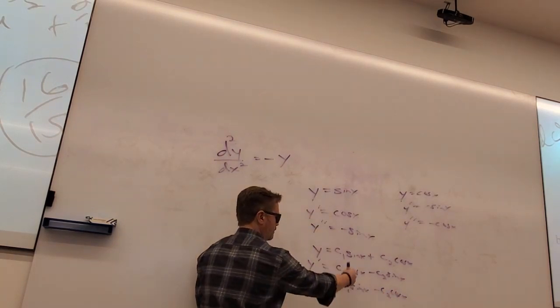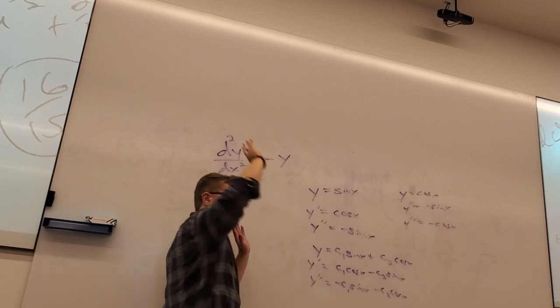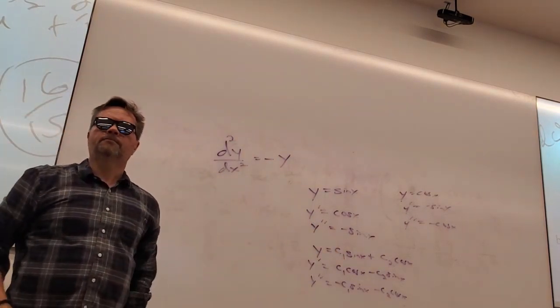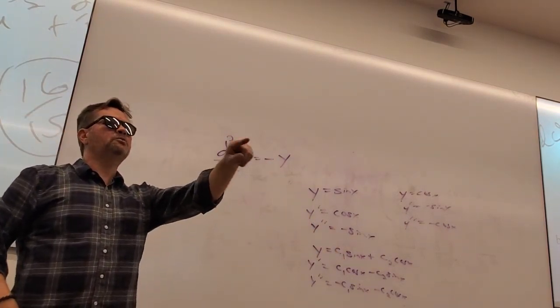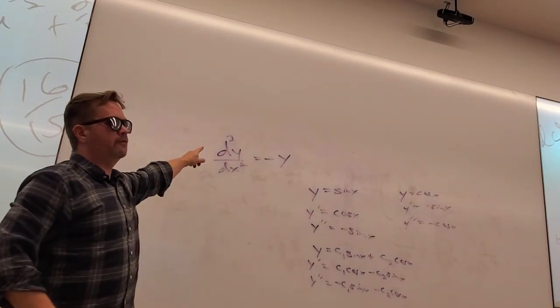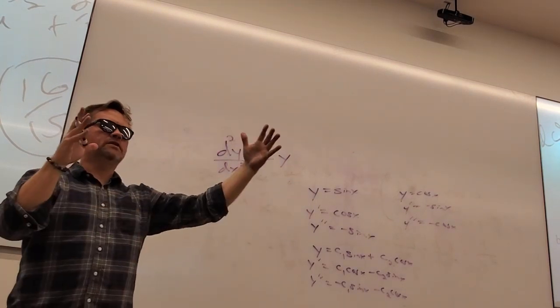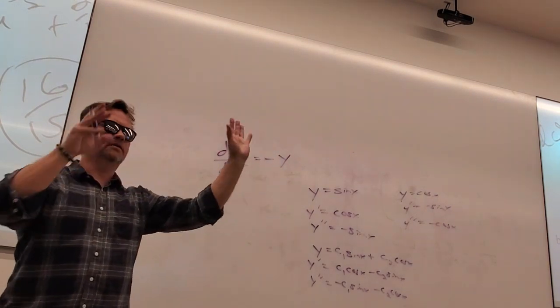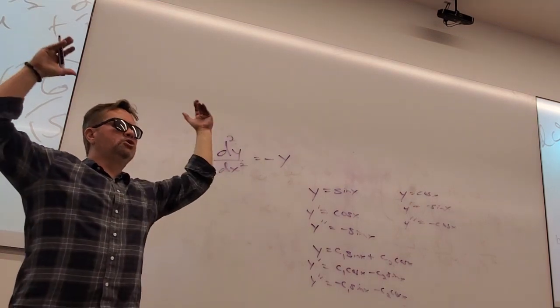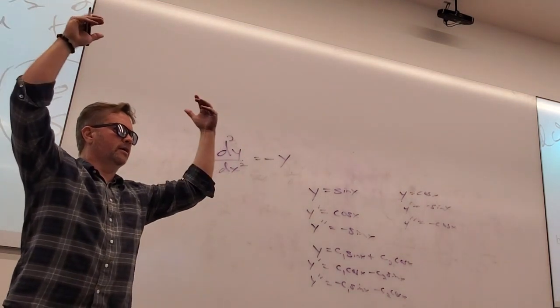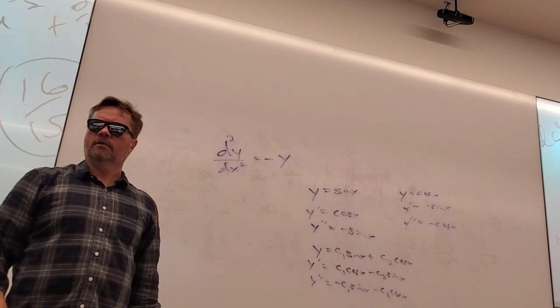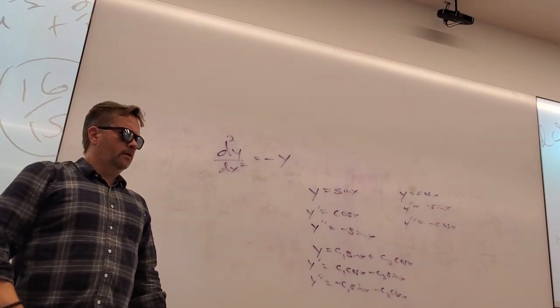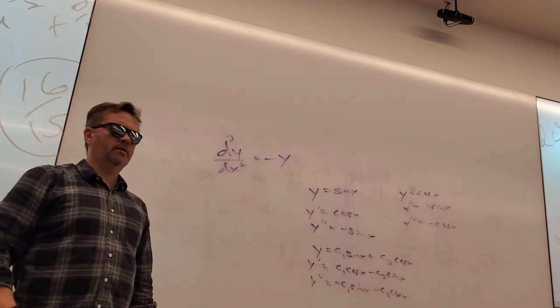Isn't that the negative of this? Okay, cool. So if you have multiple functions that solve a differential equation, you just add them with constant coefficients, and that's the general answer for that. Okay.